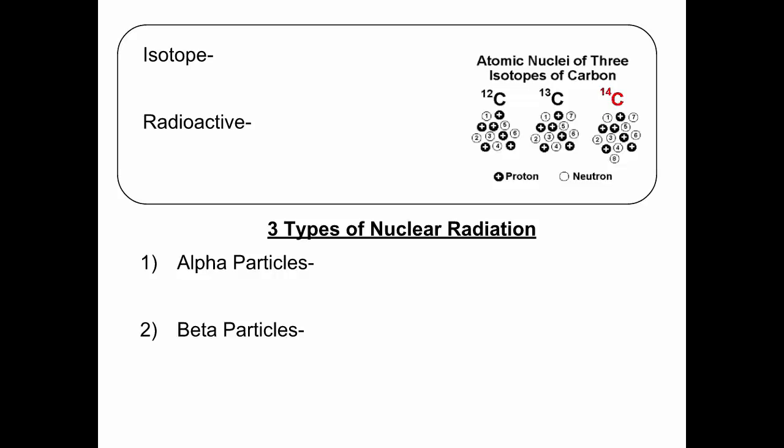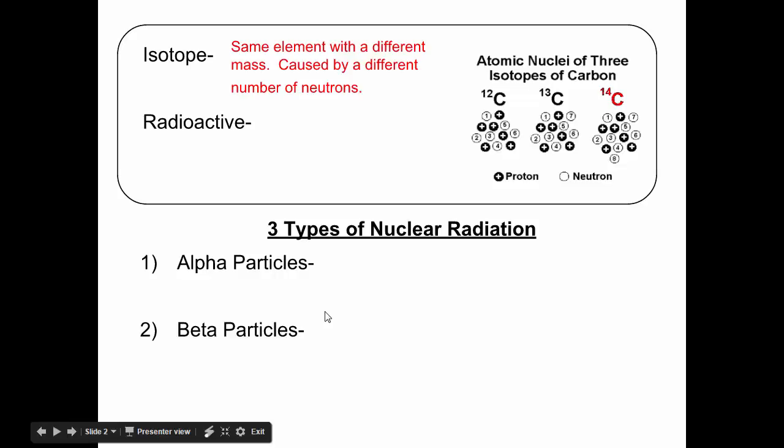Here are 3 isotopes of carbon: carbon 12, carbon 13, and carbon 14. The difference between those isotopes of carbon is in the number of neutrons. Carbon 12 has 6, carbon 13 has 7 neutrons, carbon 14 has 8 neutrons.